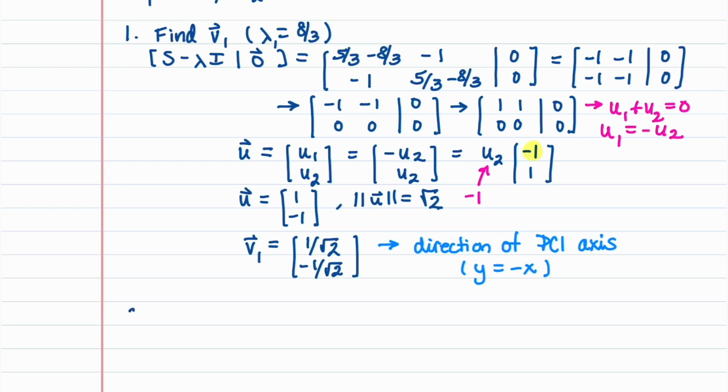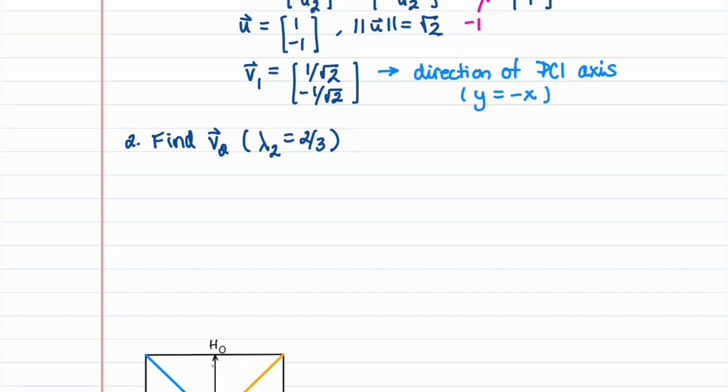Let's now find our second eigenvector, V2. And let's just remind ourselves that λ2 is equal to 2/3. We are going to go through the same type of analysis that we did for our first eigenvector. We have S minus λI, and we augment that with 0.